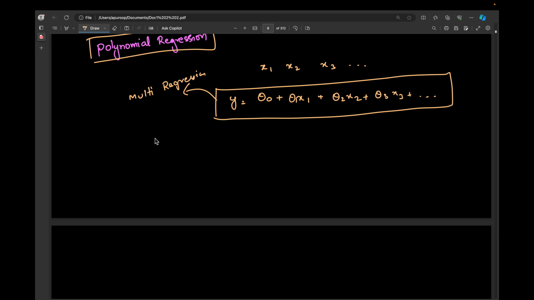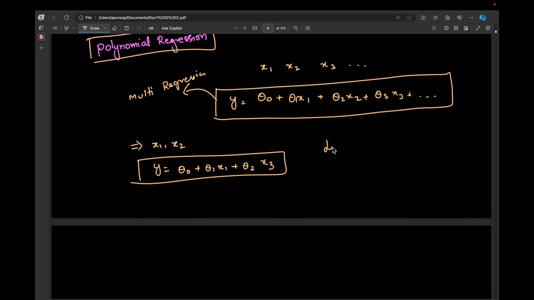Let's say we are trying to solve some problem in which there are two features, x1 and x2. So for these two features, how will my hypothesis look? That is y equal to theta naught plus theta 1 x1 plus theta 2 x2. And I have some loss function. What will be my loss function in case of linear regression?